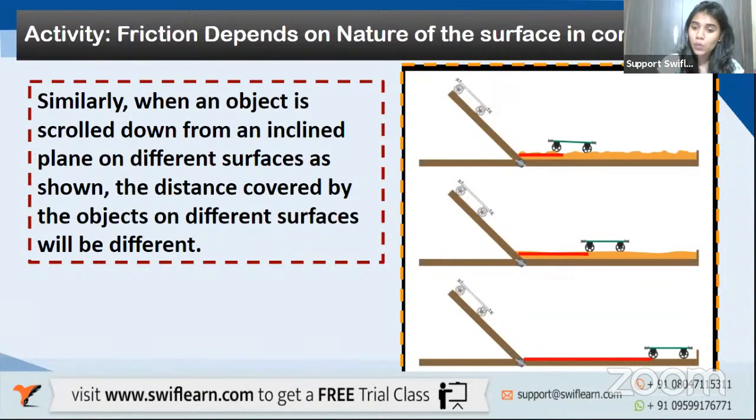For a long distance, it stops. Now in the intermediate surface, that is not so hard but not so smooth, when I put the cart, what happens? It is moving. Comparatively, the frictional force is less than the first case, but still it's not very low.